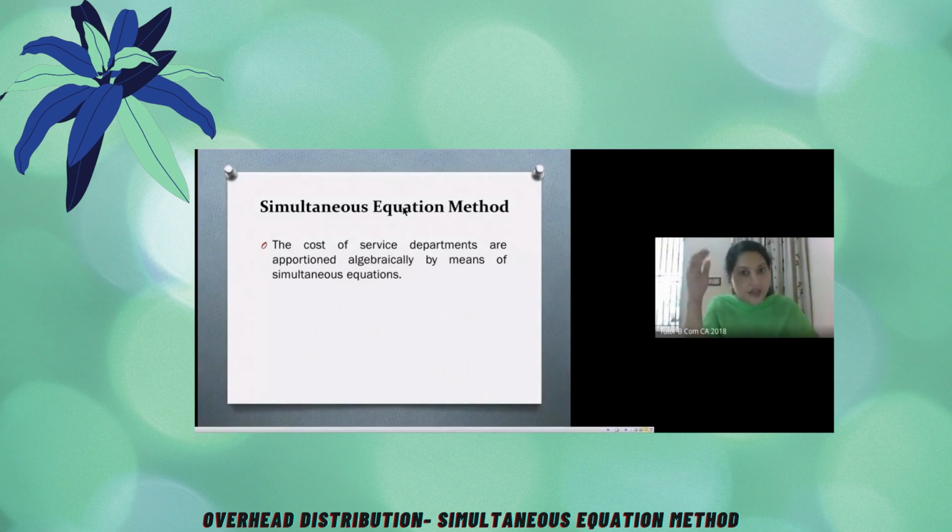In case of repeated distribution, again, we are repeating the same thing to get it nullified. But in this method, when an equation is being told, we have to frame that into an algebraic equation for getting the total overhead cost of X and Y, right?